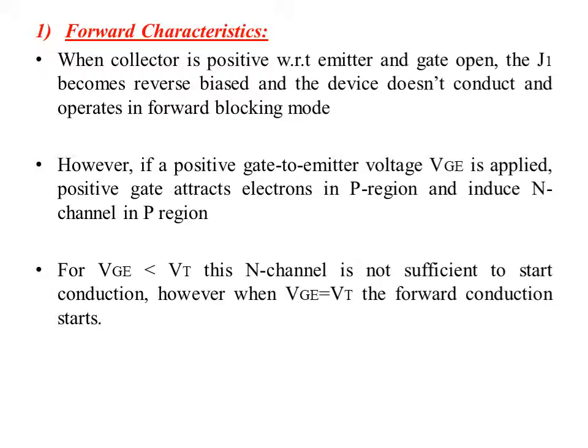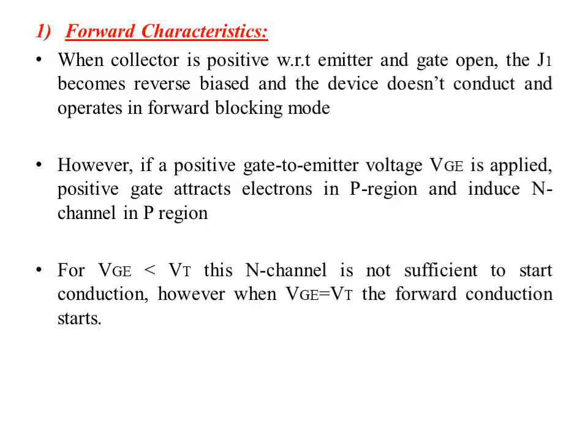Now, if this gate to emitter voltage VGE is less than the threshold voltage, denoted by VT, then the n channel is not sufficient to start the conduction. But when VGE equals the threshold voltage, the forward conduction starts.